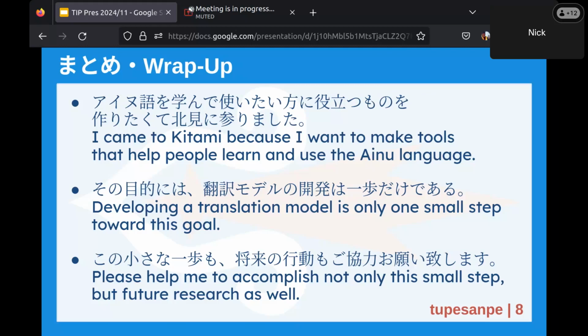I think it has a lot of linguistic significance. Thank you.